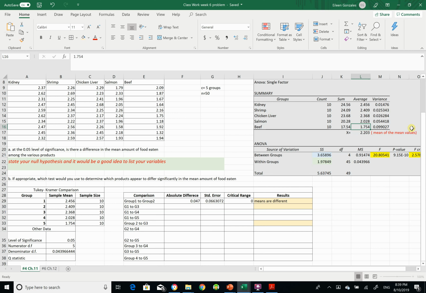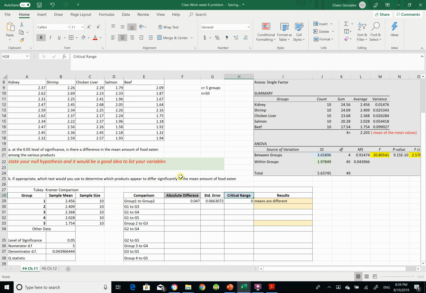We're going to compute the absolute mean difference, which is this guy right here. Then we're going to compute the critical range, which is this guy right there.